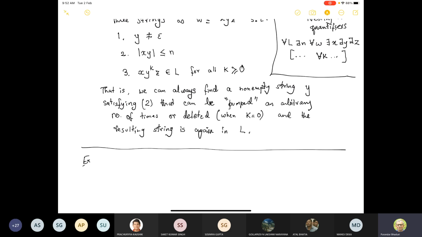So let us take this example, this language L, which has n zeros followed by n ones for all n.